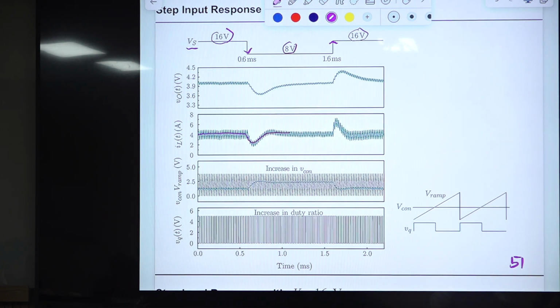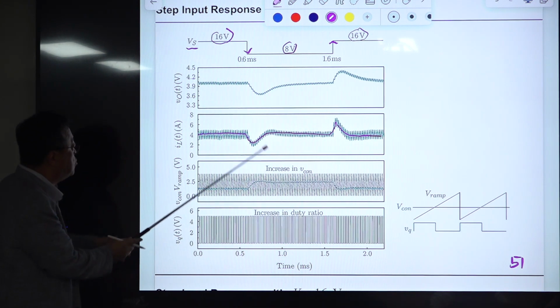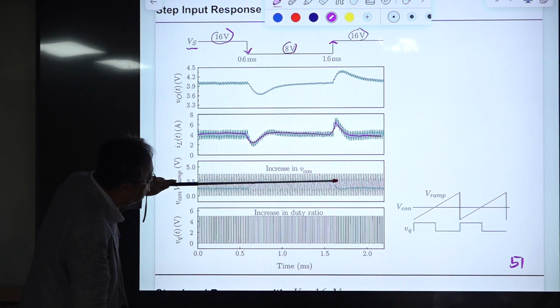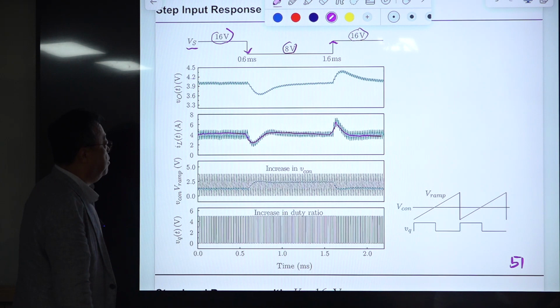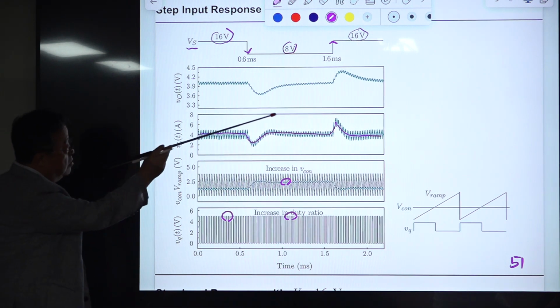So our voltage is going down, and the load current is going down too, something like this. And the duty ratio is increasing, and the control voltage is increasing like this, stays at this higher value and comes back to the original value. If you take a close look, the duty ratio is increased, and the control voltage is increased also. Okay, I'll explain this in detail very soon.